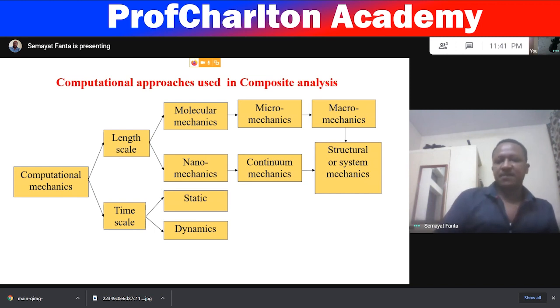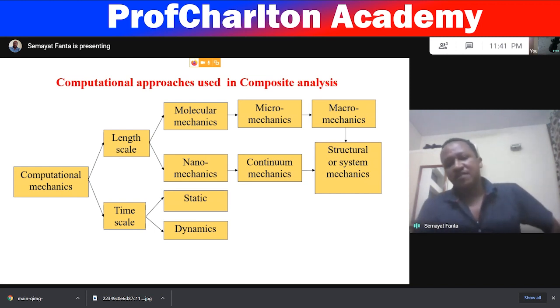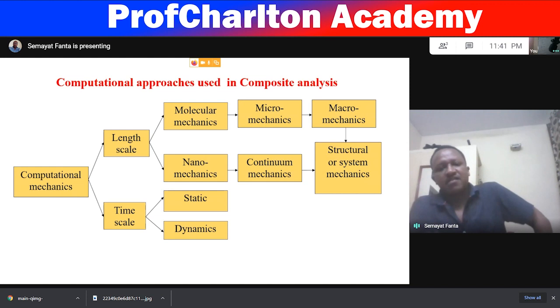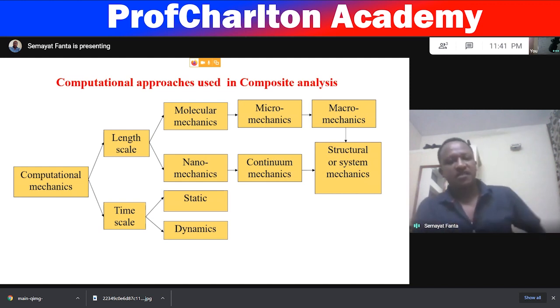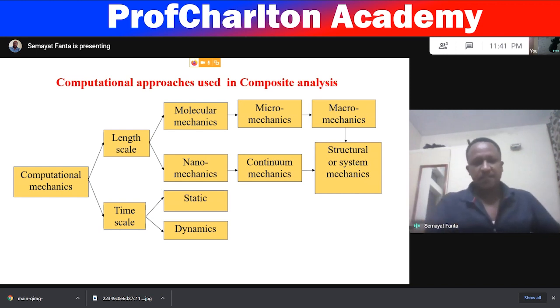For example, if the time of interaction is long, then we can call it static. And if the event occurs within a short period of time, like an impact or a collision or a kind of motion, then it is dynamic. And if it is neither static nor dynamic, then it lies in between them, and we call it a quasi-static analysis.